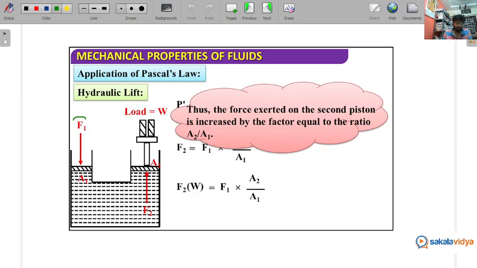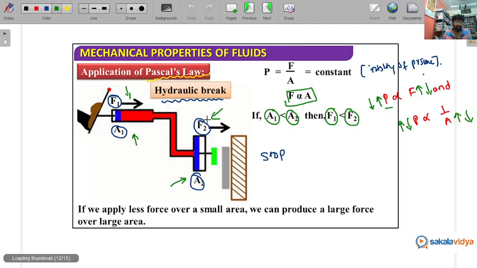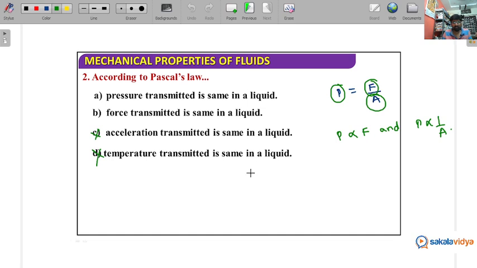In the working principle of the hydraulic lift or the hydraulic brake, when we apply a smaller force, it creates the impact of a larger force.